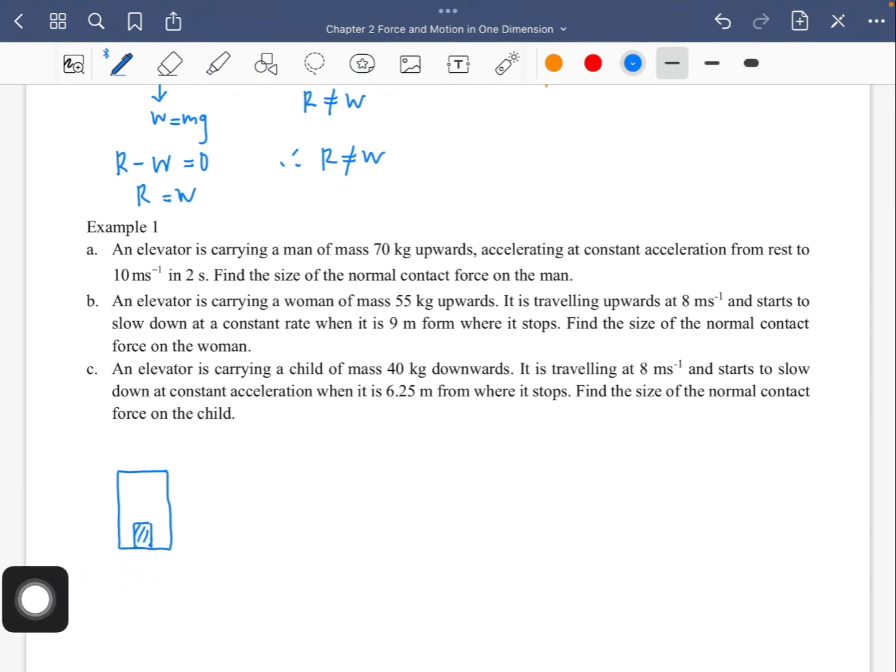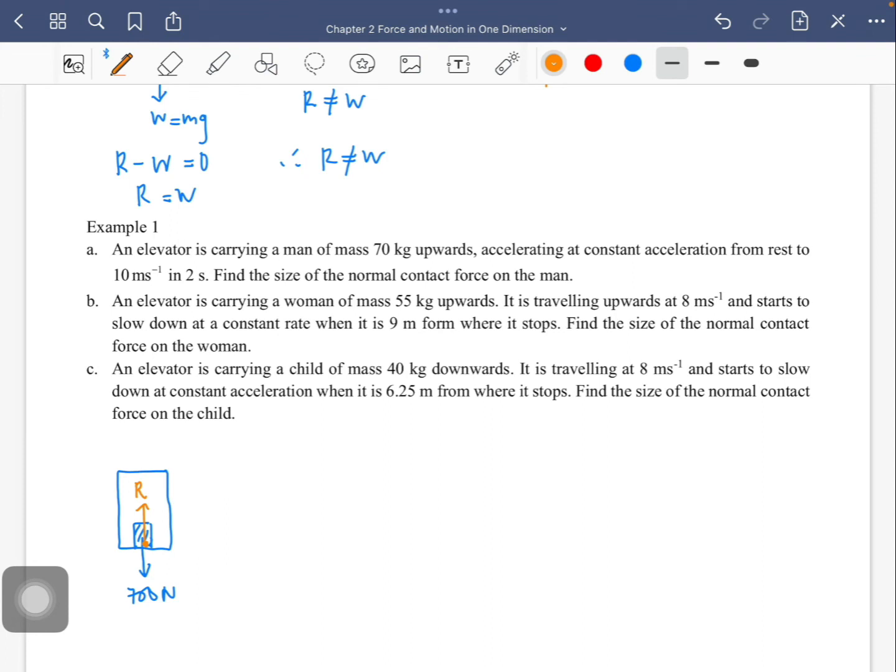Vertically downward, we have the weight force from the man to the floor of the elevator, which is 700 Newton. And then the normal reaction force from the floor of the elevator to the man acts vertically up, denoted by capital R.